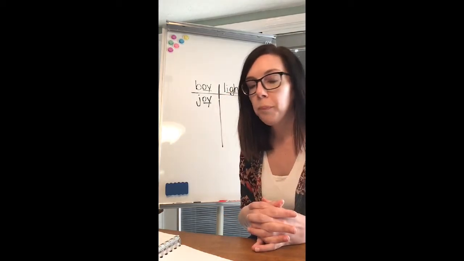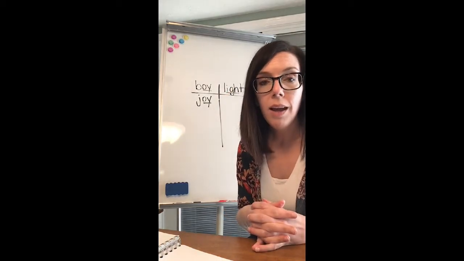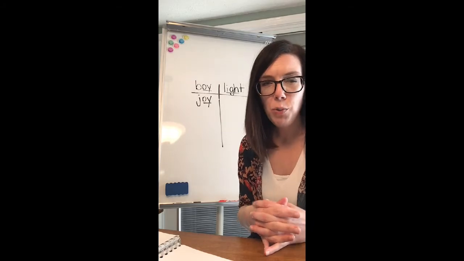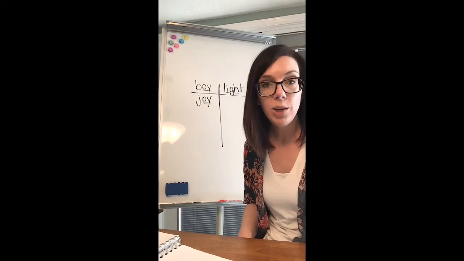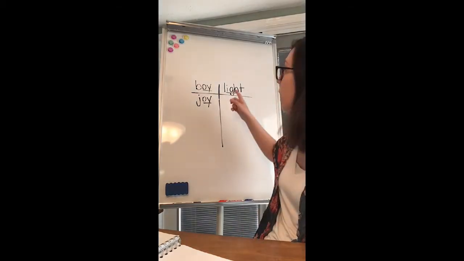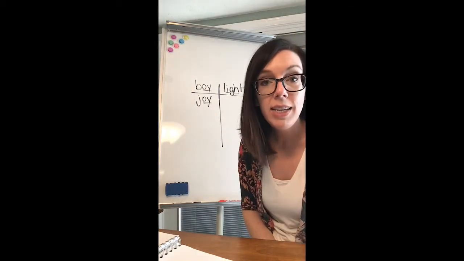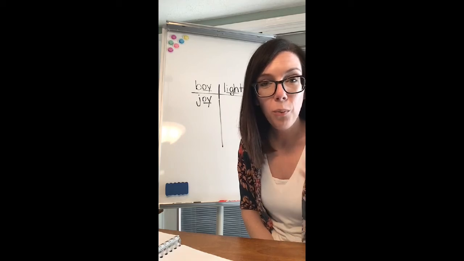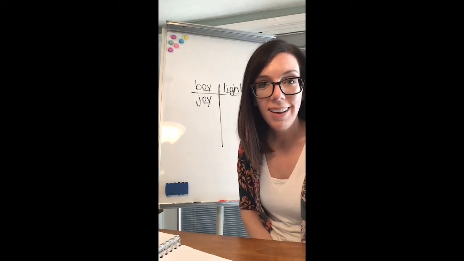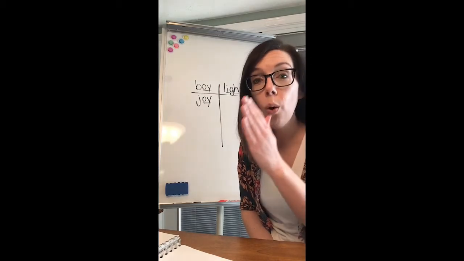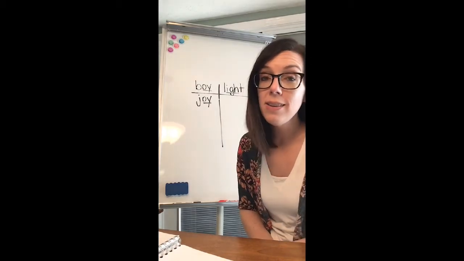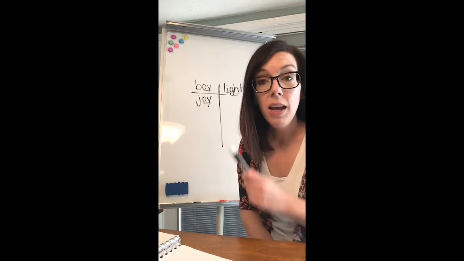All right, let's try another one. What about the word destroy? Do you hear the O-Y, oi sound like in boy, or do you hear the I-G-H, I sound like in light? Listen, destroy. What do you think? All right, if you thought boy, oi, I think it has that same sound, that O-Y sound, like in boy.